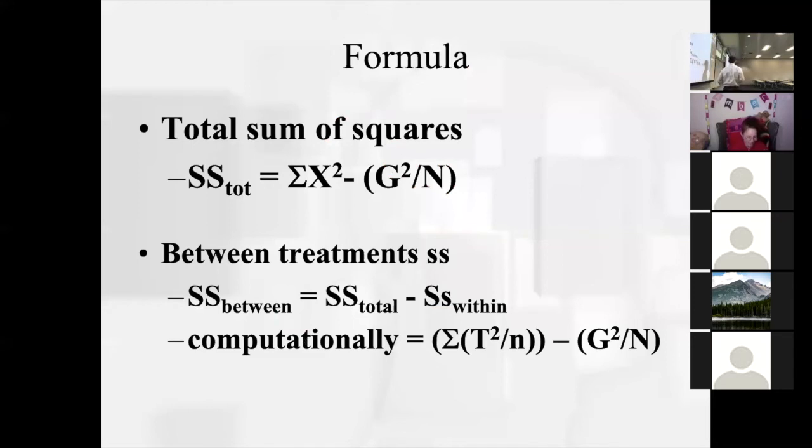So the total sum of squares equation is the exact same as we used last time. The sum of x squared minus g squared divided by n. So what am I doing to get this sum of x squared?